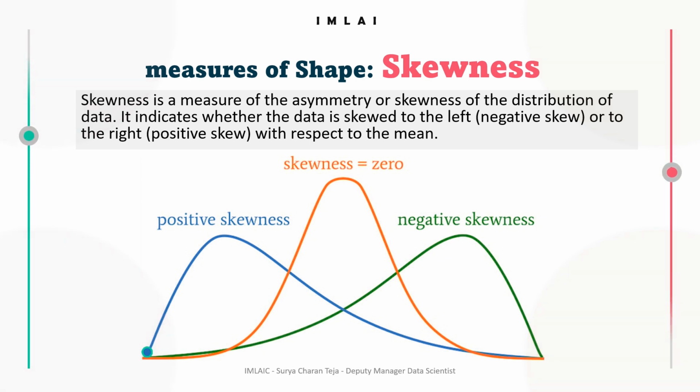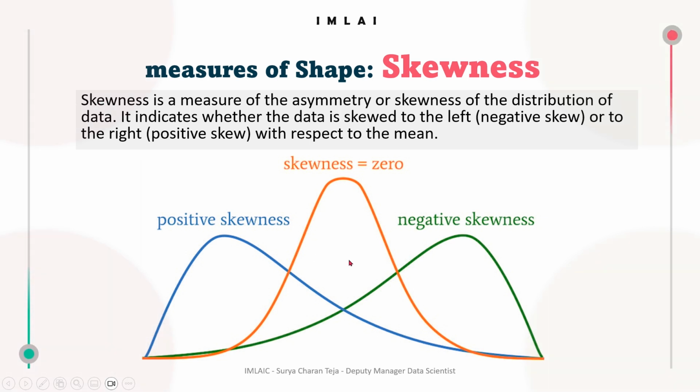That's why we call this right skewed, because the right portion has been skewed, or positive skewness, because the positive side of your plot has been skewed, whereas the data has been concentrated towards the left of the distribution.